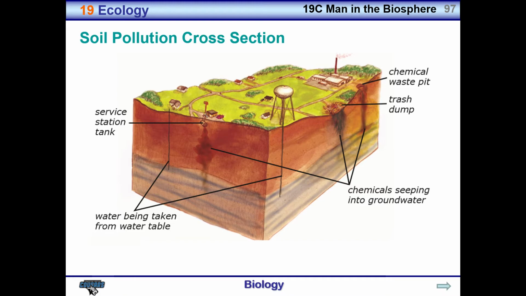Let's just look at the diagram a bit. Over on the right, towards the top, we have a chemical waste pit where chemicals have been dumped or even buried. Here in the Omaha area, they used to have a lead plant down closer to the river.